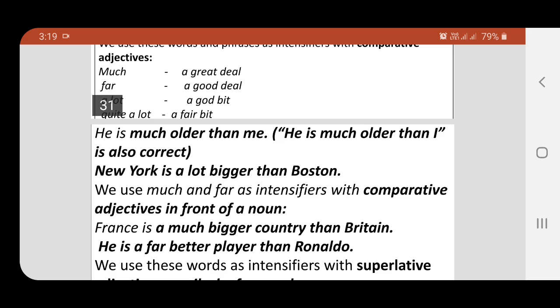We have some statements. He is much older than me. That means he is much older than I. Instead of me, you can also put I, personal pronoun. Much older than. So, than, comparative adjective. New York is a lot bigger than Boston.